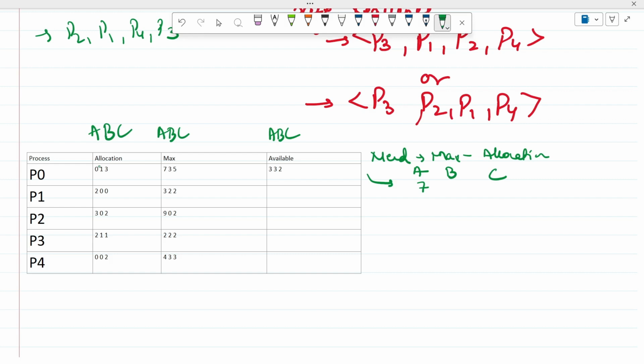So I think I wrote it wrong. Correct this to 0, 1, 0.